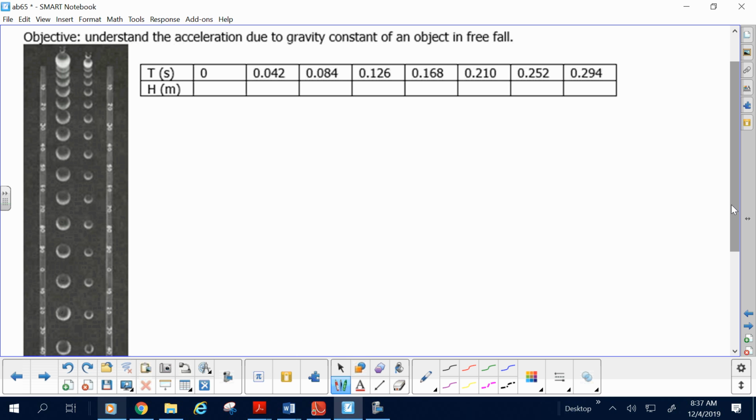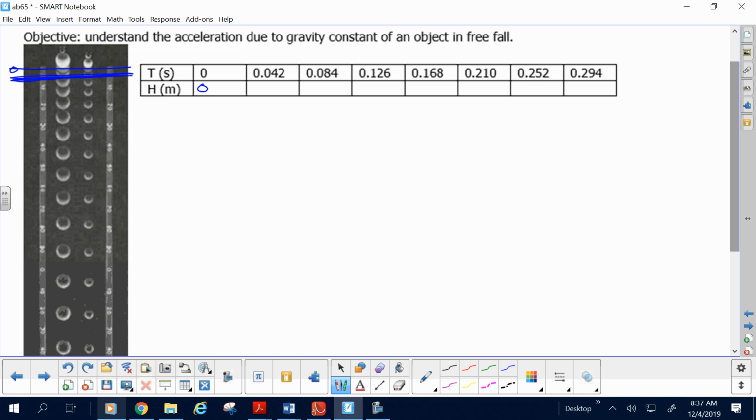Now, here I'm going to call this height 0. So at time 0, height is 0. Now, skip the bottom of the first ball and go to the bottom of the second ball. And let's take a stab at the height. Over here, it's practically impossible to read, but those are centimeters. That's 10 centimeters is that first white mark here.